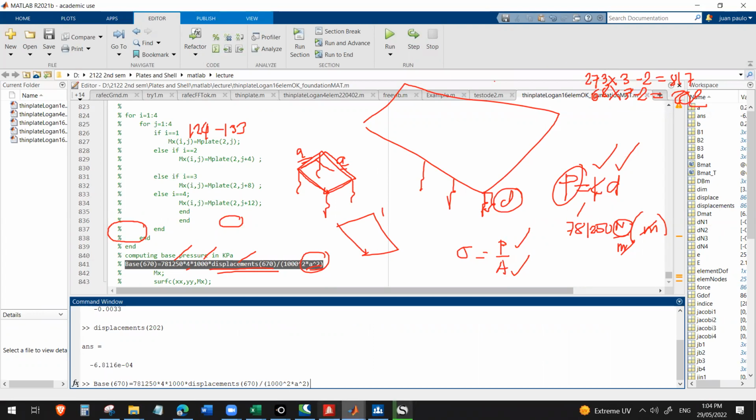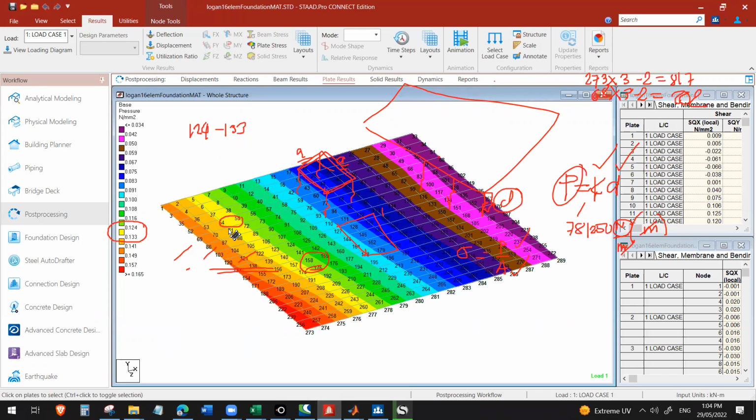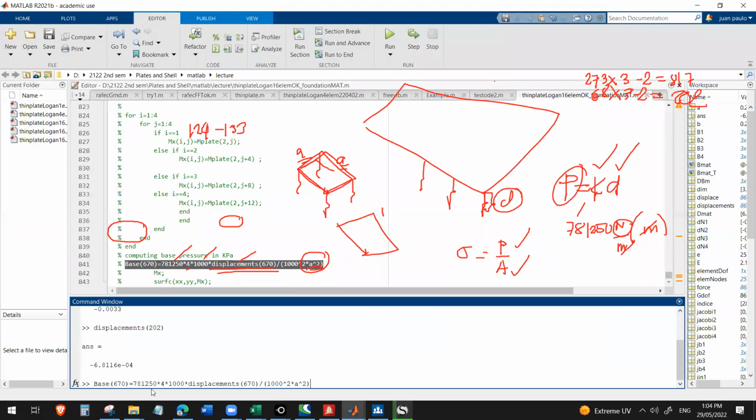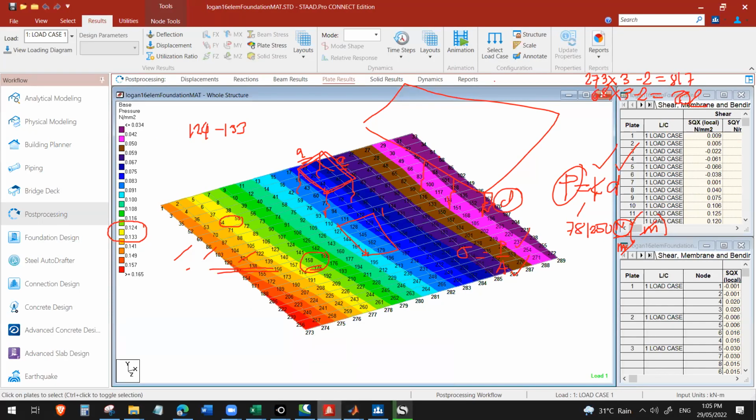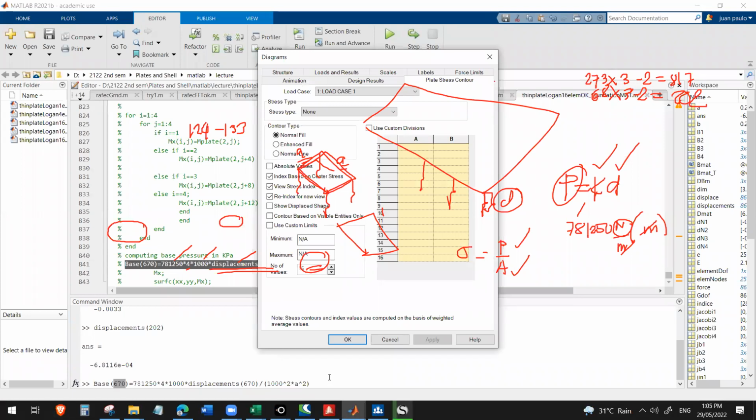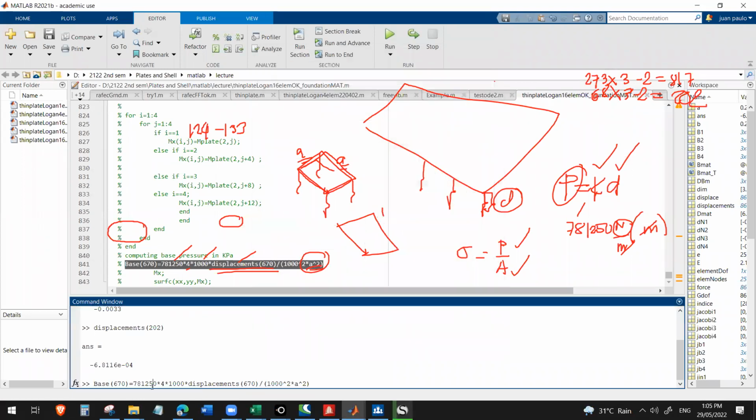Actually, it's nodes that I need. Node 71. Node 71 corresponds to what DOF? 71 times 3 minus 2 is 211. So I change this to 211. I changed it to the displacement, which means what it will use to compute the base pressure is the displacement at node 211, the average displacement.